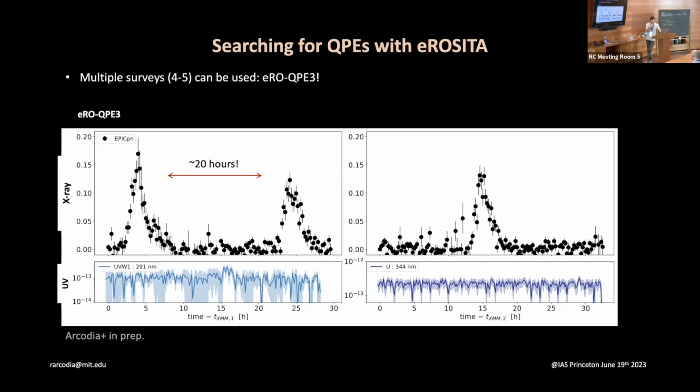With NICER, we saw at least 2 bursts separated by 17 hours, and we're trying to dig more into the noise because these are faint. This peak is at around the detection limit of NICER, so this source is quite hard to follow up.